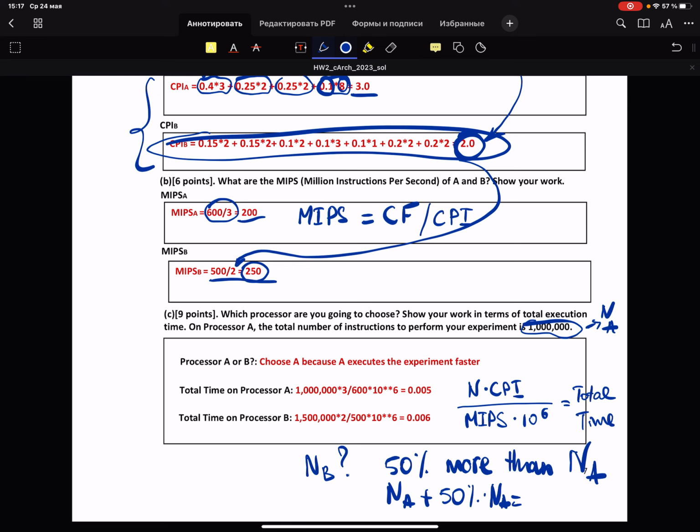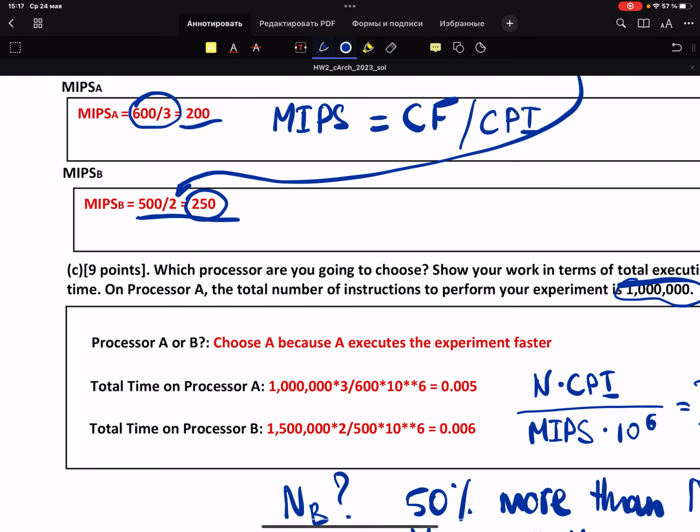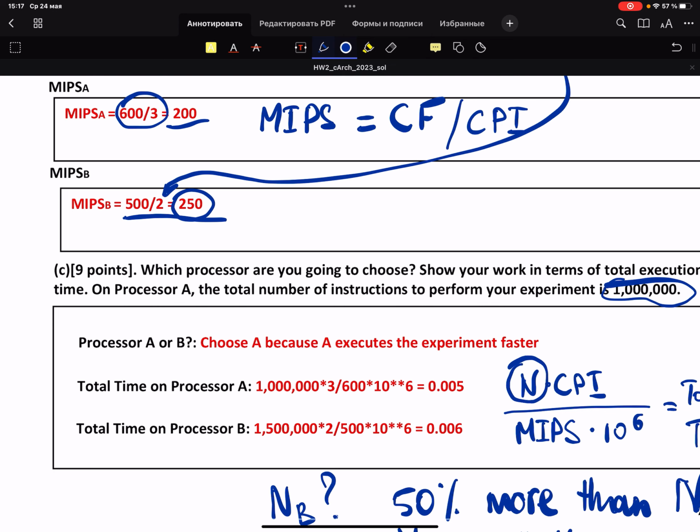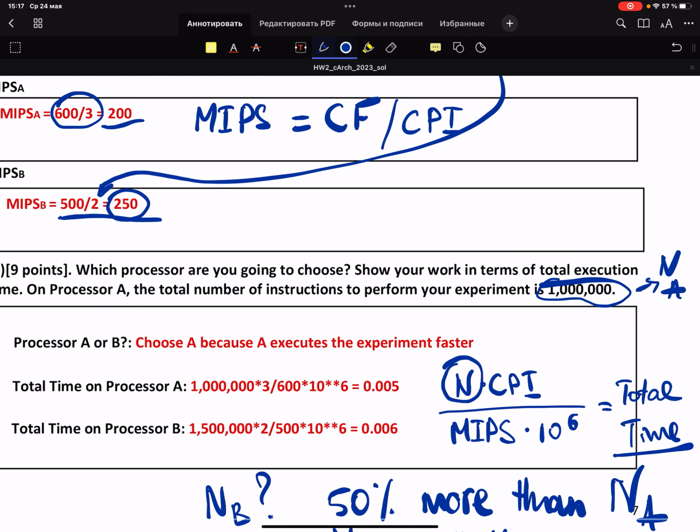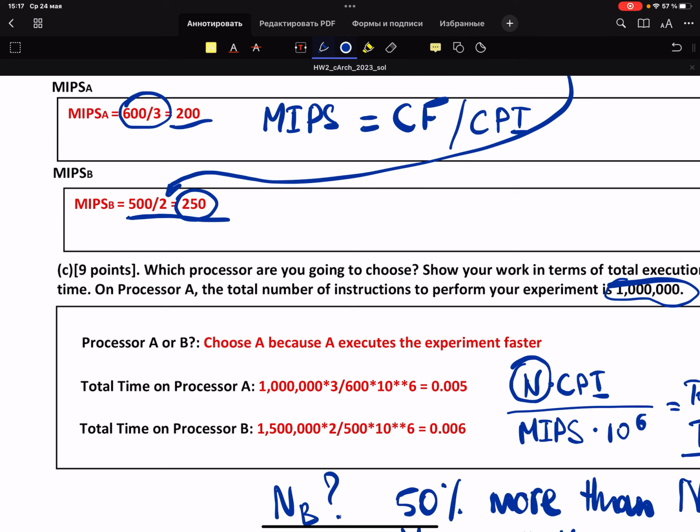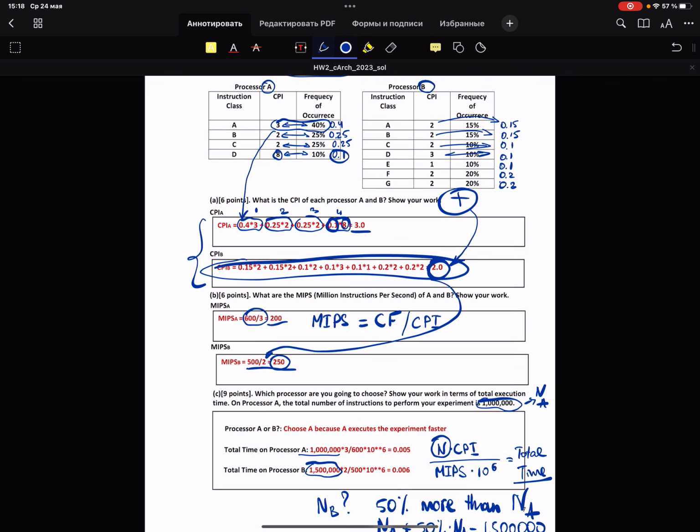So finally, you have 1.5 million, okay? 1,500,000 instructions. So that's why, in the case of this N for the total time of B, you took the number of instructions not as 1 million, as in the case of processor A, but 1,500,000.